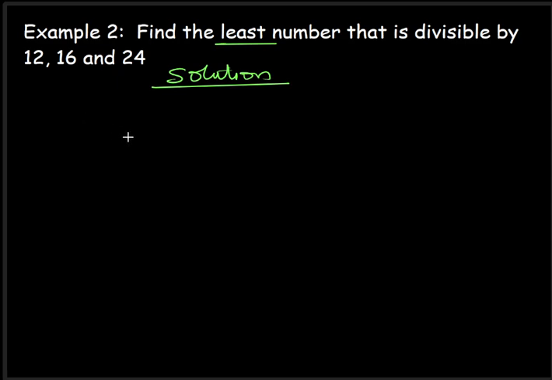The least number. So that's LCM, the smallest. So let's see. We have 3 numbers here. So let's see what we can do to them to give us our LCM.